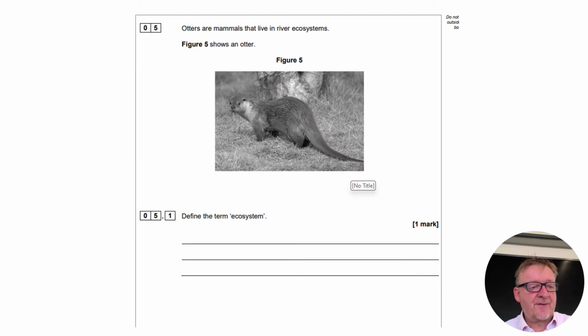Okay, question number 5. Otters are mammals that live in river ecosystems. Define the term ecosystem. Okay, definitions.